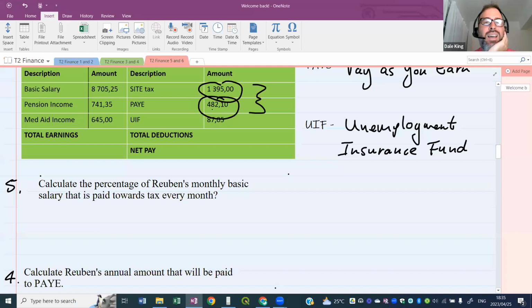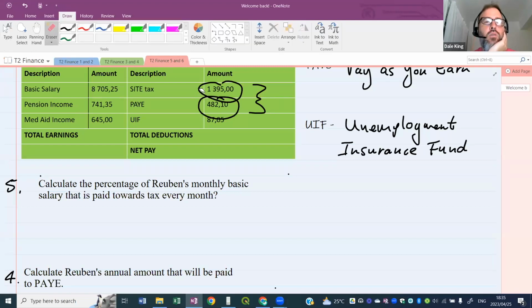They are both taxes. So the question is, what percentage of his basic salary, which is this value here on the left, will he pay towards tax? So these 2 numbers on the right are both taxes. So what percentage of his basic salary, 8705.25 cents, will he pay towards tax?